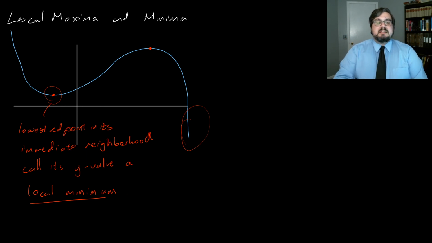Local means that we're only looking at the immediate neighborhood of this point. We're not looking at any other points around it, such as the tail off on the right side of the graph. So it's local. And then it's a minimum because this point has the smallest y value of all the points around it.